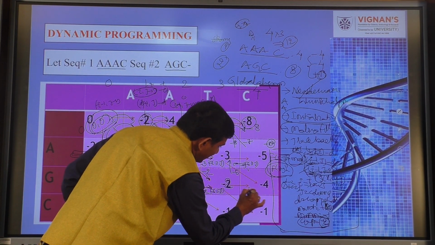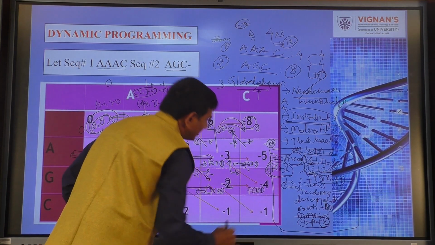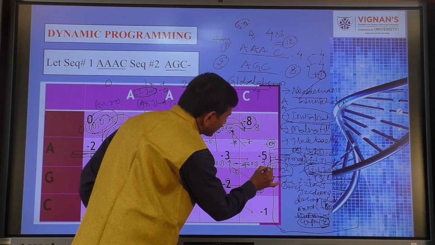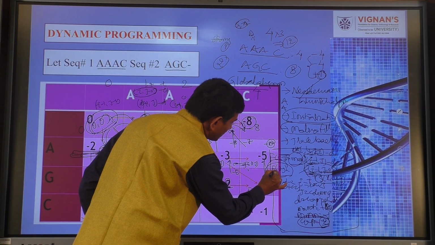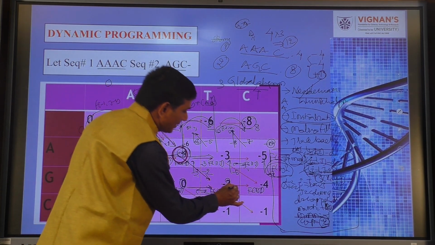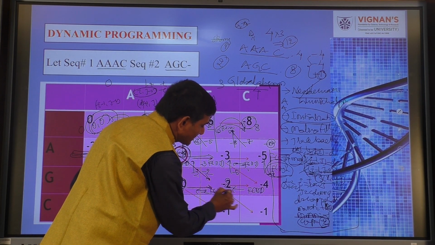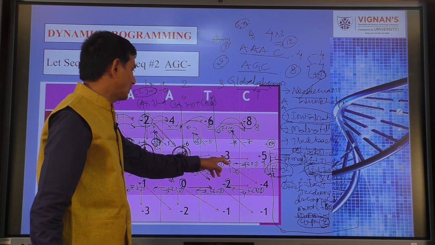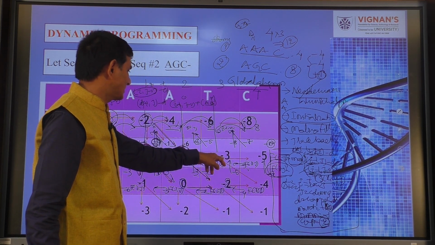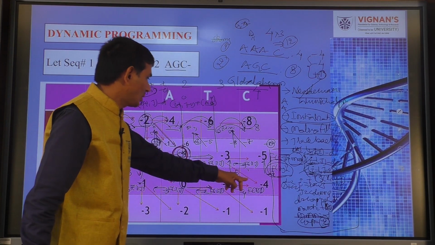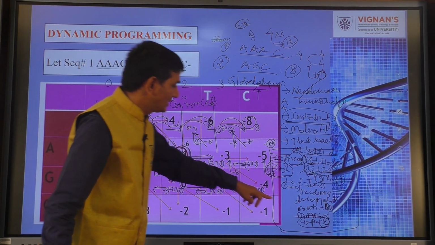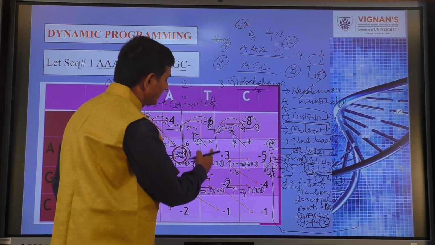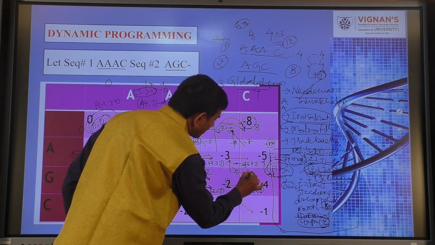Similarly, let us calculate the value of a cell in this matrix table. Change in row, the value is minus 5 minus 2, it is minus 7. Change in column, the value in this matrix cell is minus 2 and then minus 2, that is minus 4. Change in both row and column, the value in the matrix cell is minus 3, and the row coordinate is G, the column coordinate is C. So, G versus C is a mismatch, the value assigned for mismatch is minus 1. So, minus 3 plus minus 1 is minus 4.